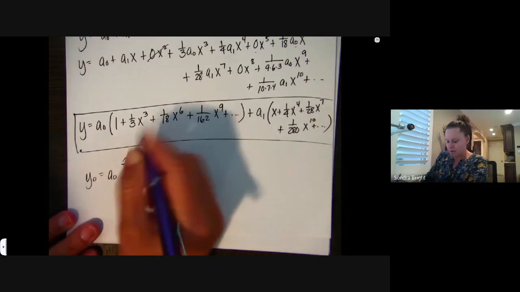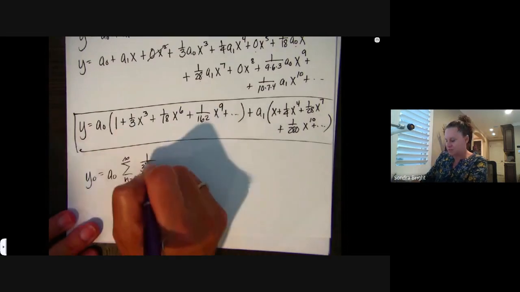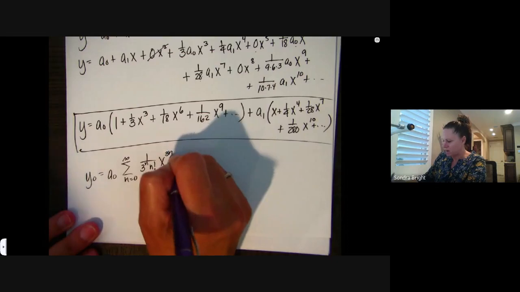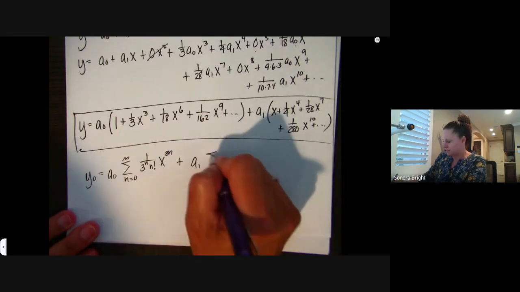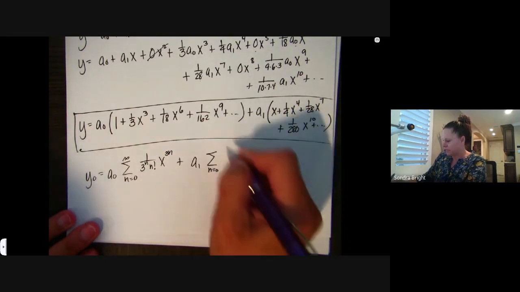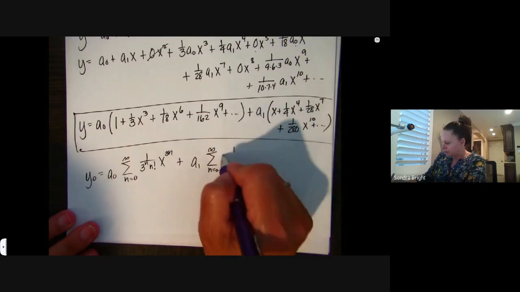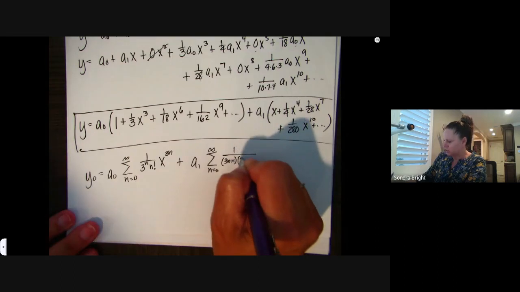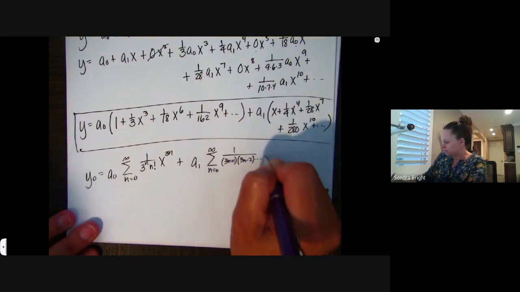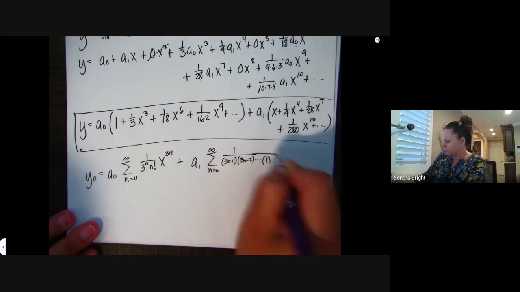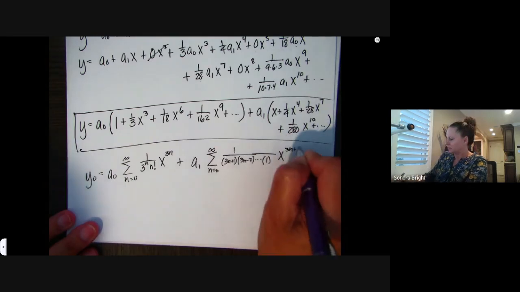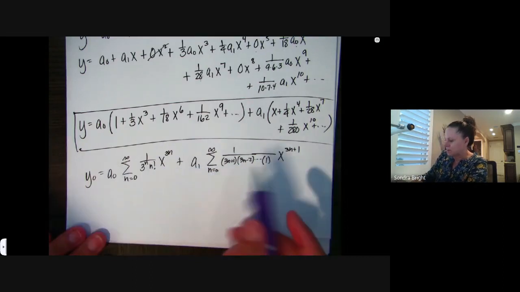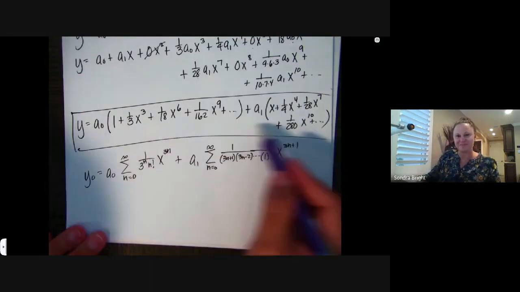It's a 1 over 3n times n factorial x to the 3n, plus a1 times, you ready for this one? It's a 1 over 3n plus 1 times 3n minus 2 all the way down to times 1 times x to the 3n plus 1. But you don't need to generalize it to that. Perfectly fine with you giving me this answer right there.